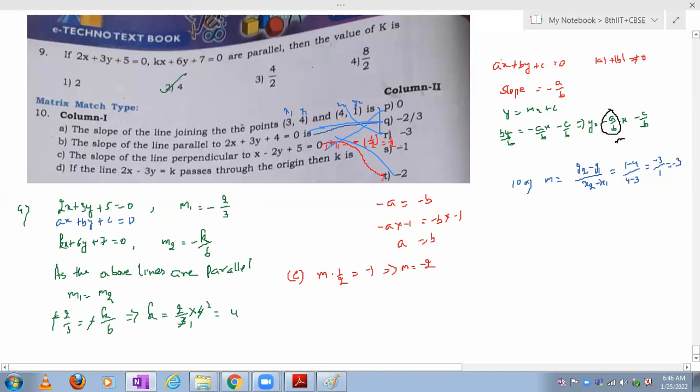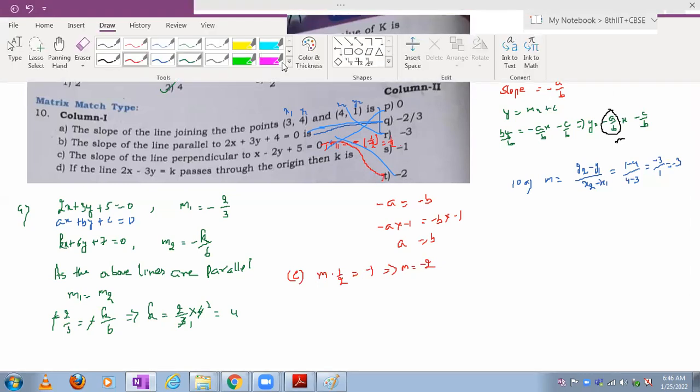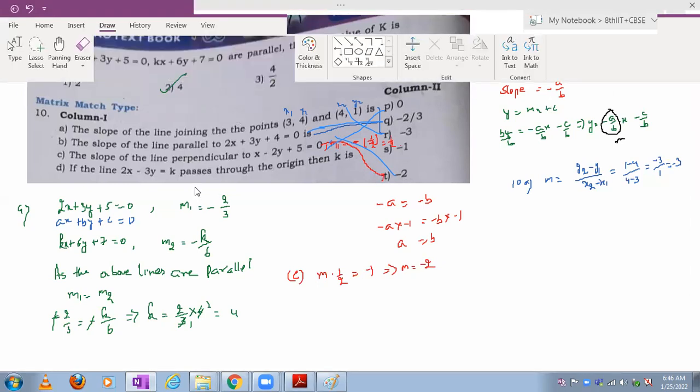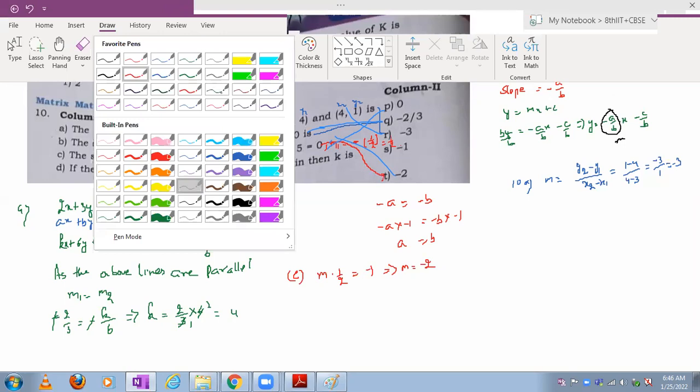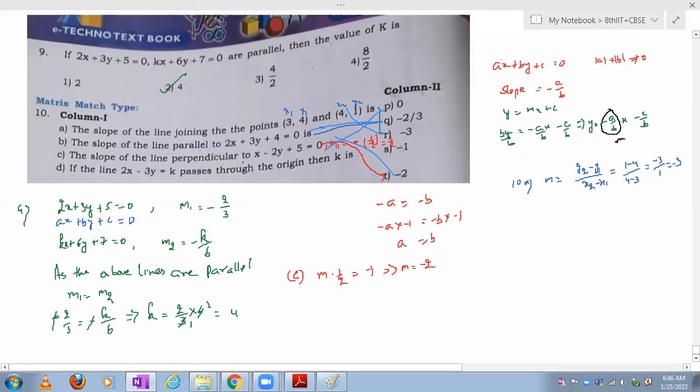Sir, but tan 90 is ND, not defined. Tan 90 is not defined only, but here we have no need for it. The line is like this, x minus 2y plus 5. Another line is perpendicular to this.